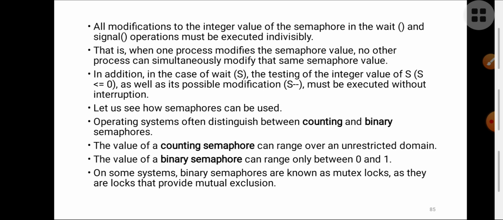The value of a binary semaphore can range only between 0 and 1, since its name itself is binary. On some systems, binary semaphores are also known as mutex locks, as they are locks that provide mutual exclusion.